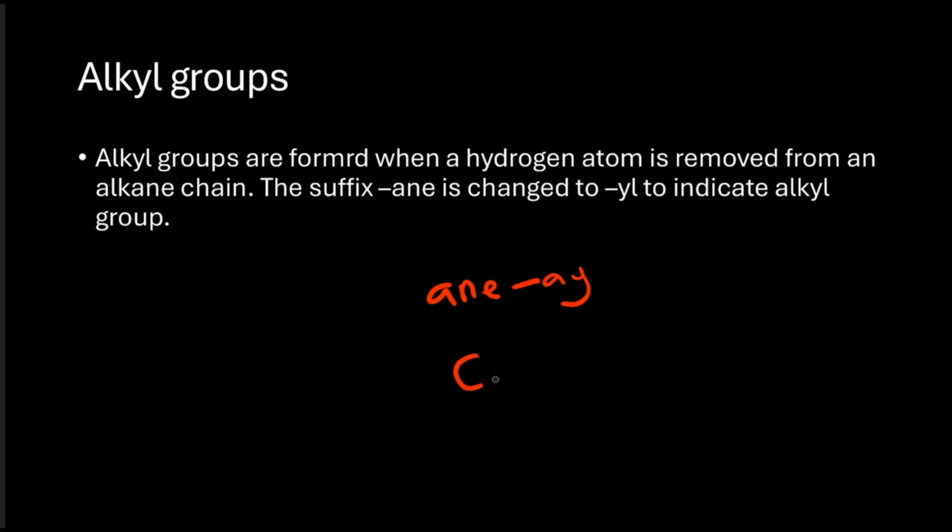So if we have an alkane like this being methane, its alkyl group will be this. We remove one hydrogen atom and this will be named methyl.